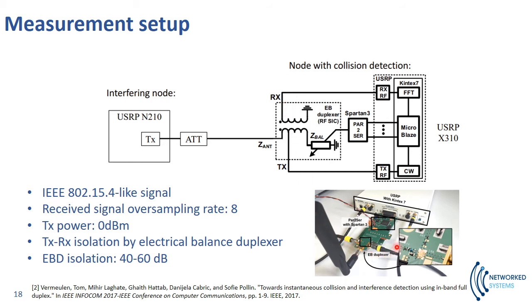Here you see the PCB of the electrical balance duplexer, and the signal at the receiver is 8 times oversampled, and the waveform we used is a Zigbee-like signal. The EBD in this setup can provide 40 to 60 dB isolation.